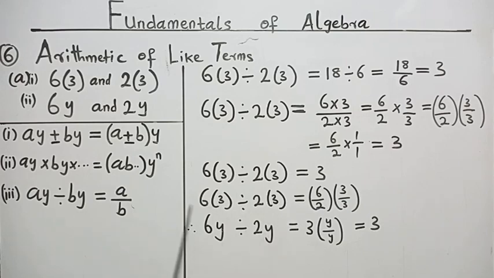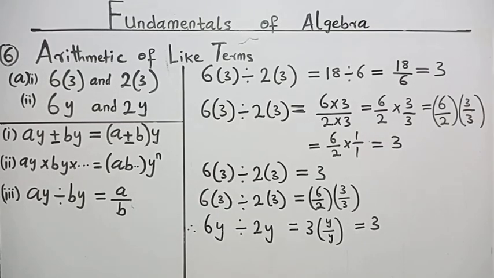So in the end, this 3 was gotten by saying 6 over 2. Likewise, A and B will give us A over B, because in the end, what we get here is 1 when that variable divides the variable. So this is a law for division of like terms.